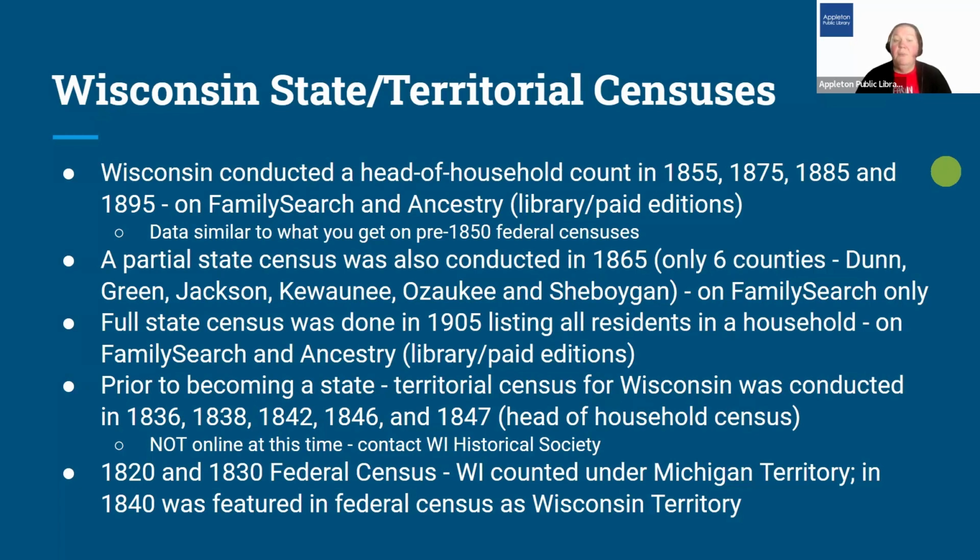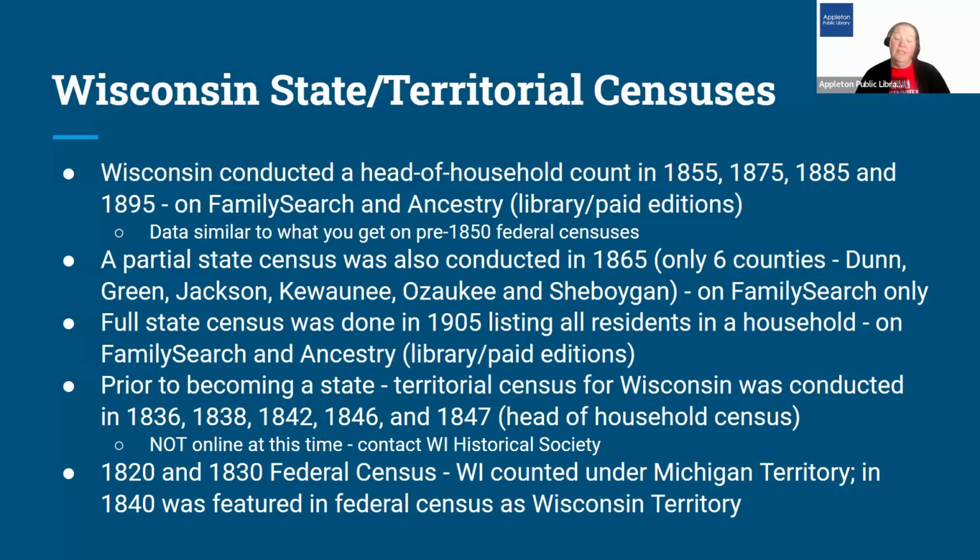And then they also did a partial state census in 1865, which was only 6 counties, and that's only found on Family Search. And then the full state census was done in 1905, where it lists all of the people in the household. So not just the tick marks, it's going to list every single person. And that's going to be available on Family Search and on Ancestry, both the library and the paid edition.